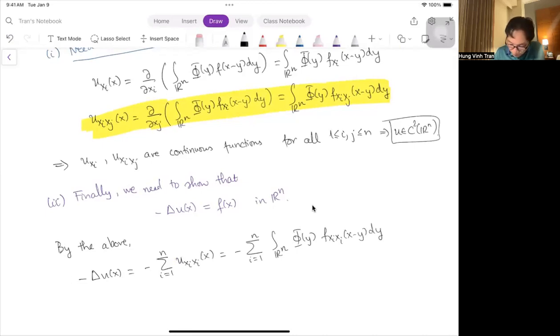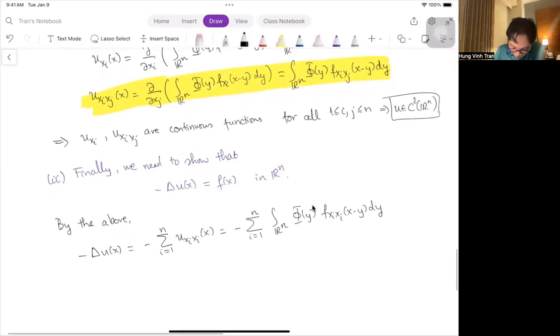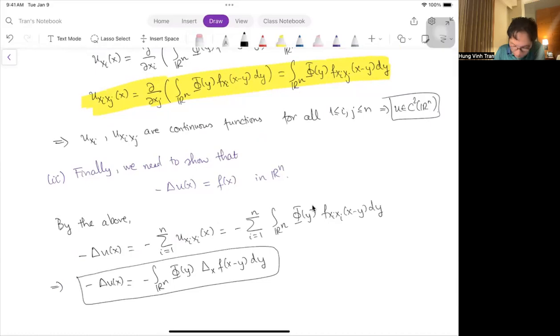And this repeated sum is exactly the Laplacian. So this is minus the integral in R^n of phi of y times the Laplacian in x of f of x minus y dy. So I have this formula.